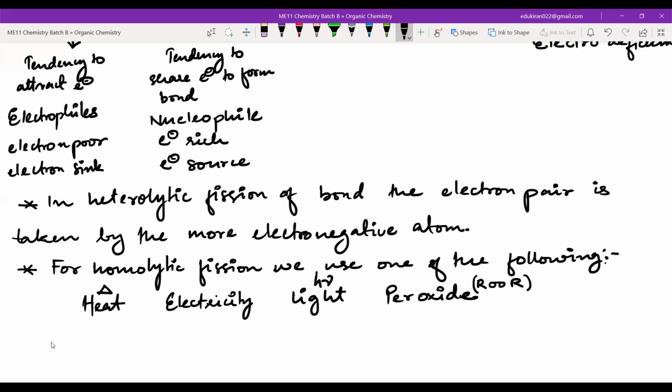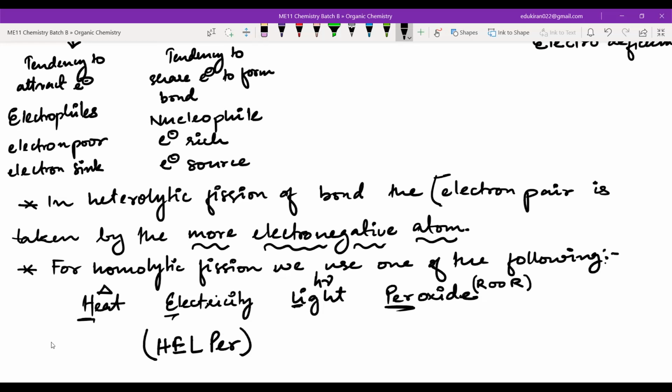You can combine these as HELPER. Remember this mnemonic of helper. Whenever you see helper, you will do homolytic fission. And if the helper is not there, then you will do heterolytic fission, in which you have to see that the more electronegative element will get the electron pair.